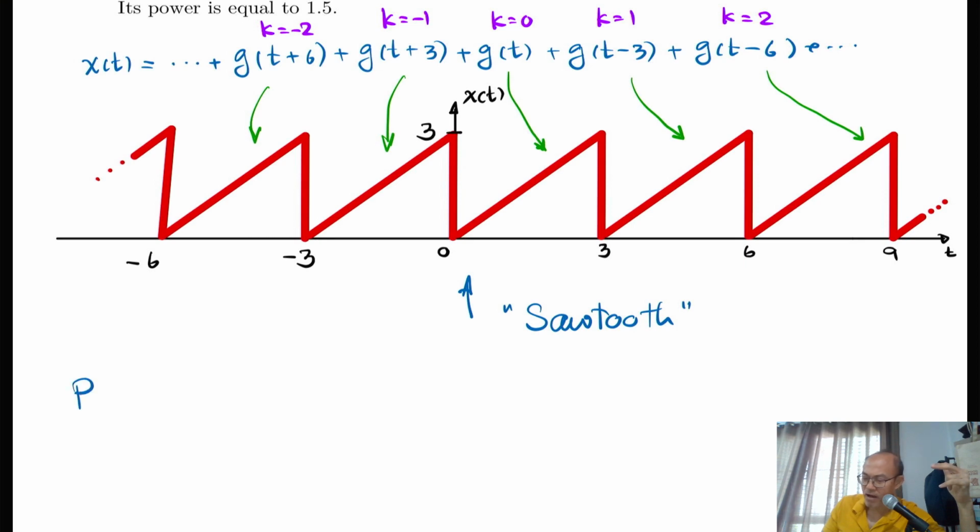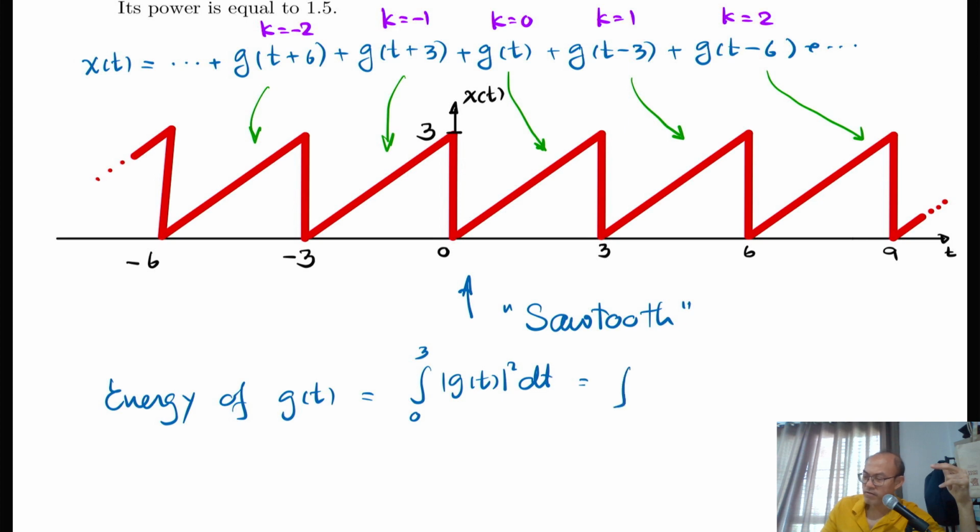If you want to find the power, okay, the energy of g(t) is integrating, if you remember, from 0 to 3, g(t) squared dt, right? So integrating over this interval, g is t squared dt. So it is t cubed over 3, going from 0 to 3.